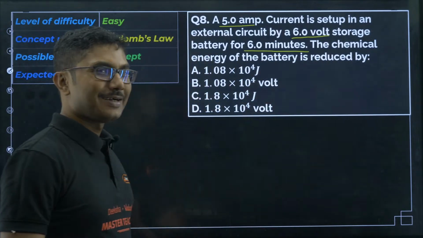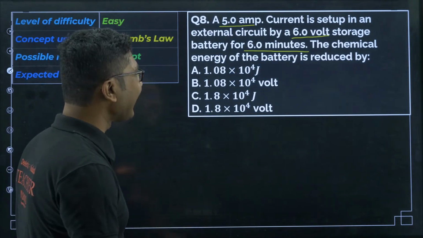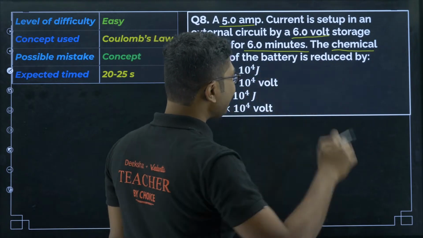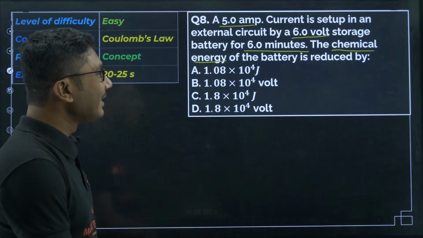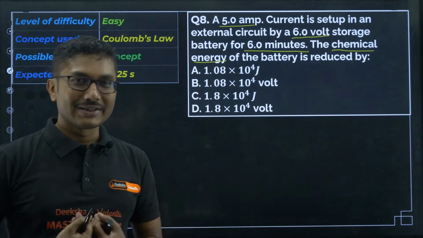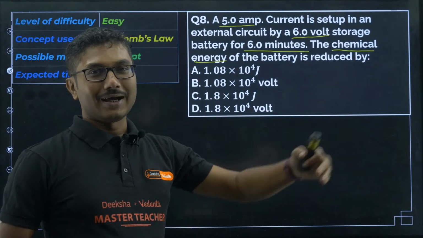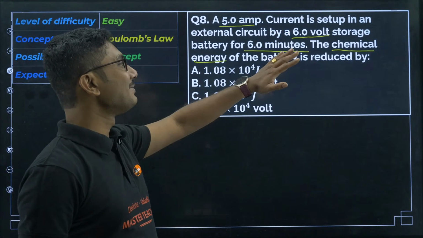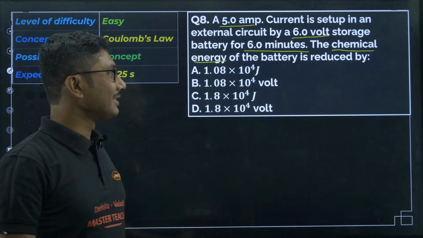The entire question was about battery, current, voltage, and suddenly they asked about chemical energy. Is it a chemistry question? Very interesting question, but we can rely on the conservation of energy principle, that whatever energy is being used up by this circuit is basically converted from chemical energy.